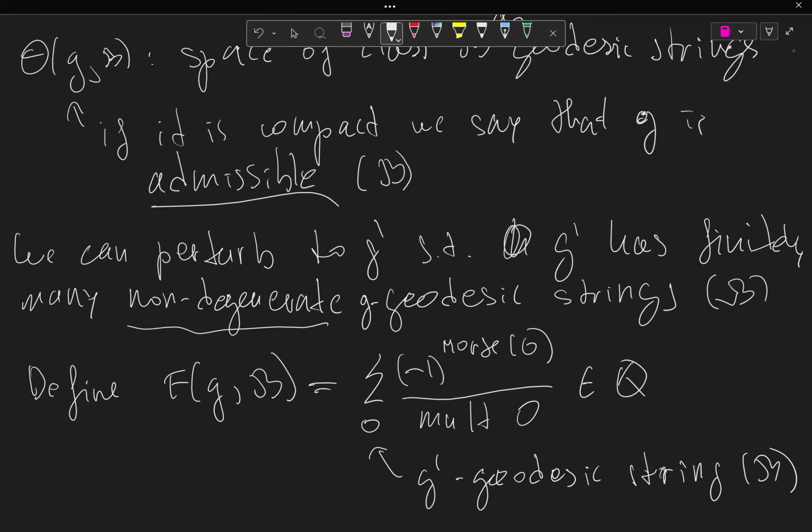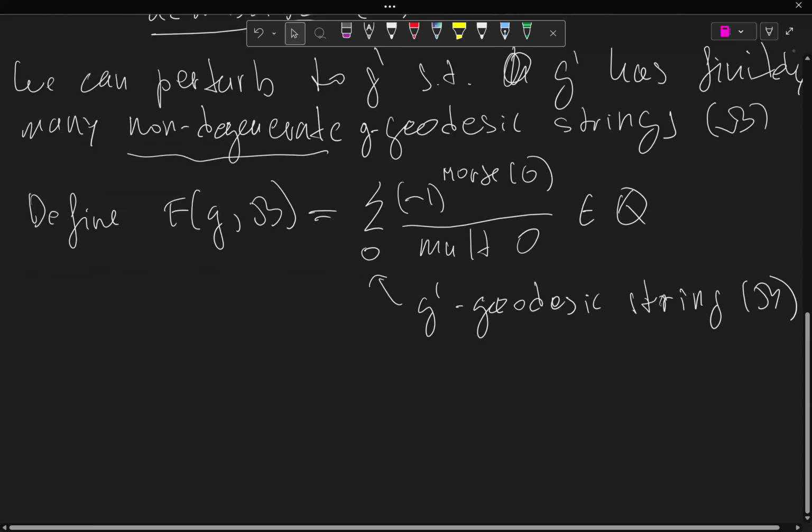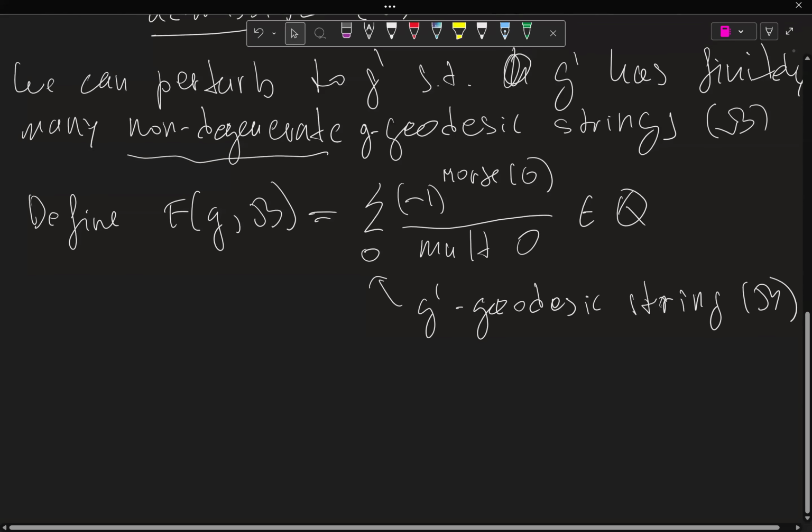Multiplicity is just the geometric multiplicity. A simple closed loop has multiplicity 1, and an n-fold cover of it has multiplicity n. The Morse index is just the Morse-Bott index of the corresponding critical point.